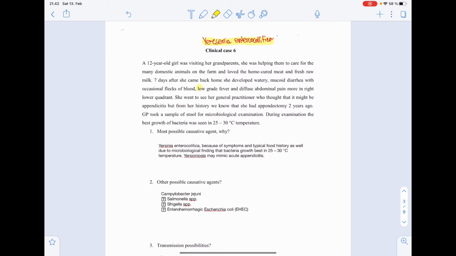Here we can see the low grade fever, and the girl is visiting her grandparents, with domestic animals, which could be rodents, and they use home cured meat and fresh raw milk. So there is a huge possibility that it is Yersinia.